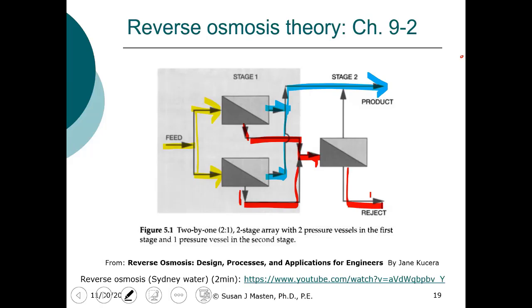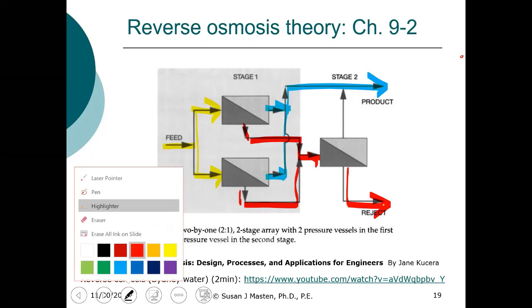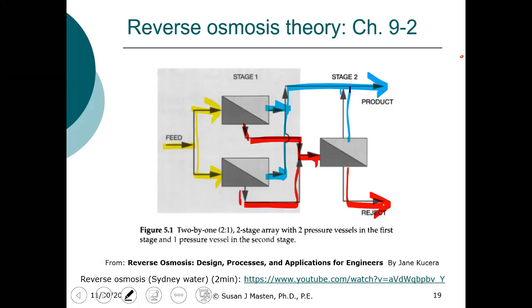Again, we have a reject stream here, and we have a product stream here. This is referred to as a 2-by-1 array. So we have 2 stages here, followed by 1 stage here.